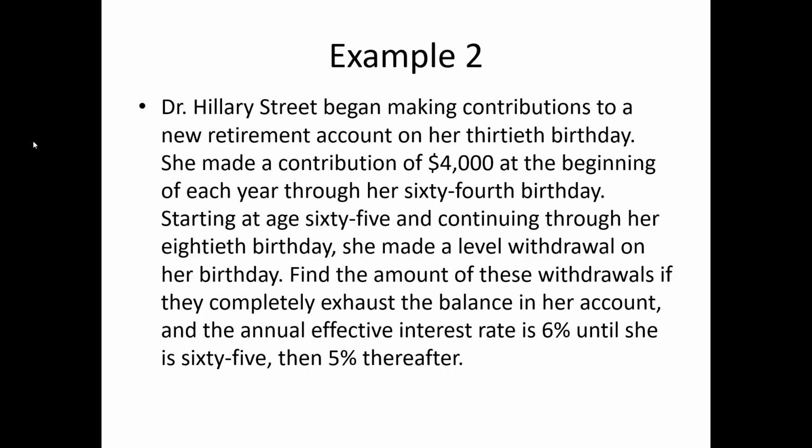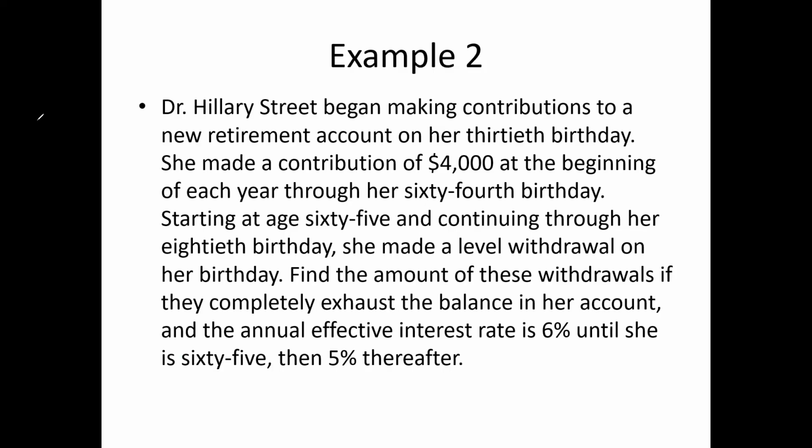Starting at age 65 and continuing through her 80th birthday, she made a level withdrawal on her birthday. Find the amount of these withdrawals if they completely exhaust the balance in her account. The annual effective interest rate is 6% until she is 65, then 5% thereafter.